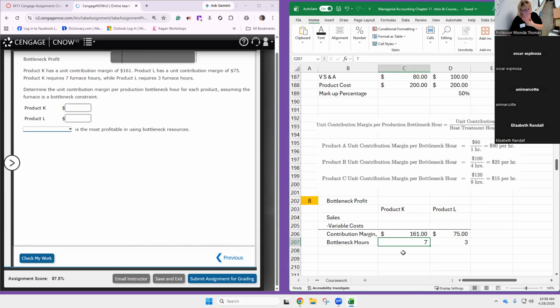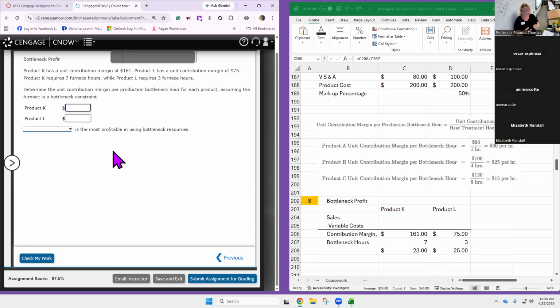And then this is going to determine the unit contribution margin per production bottleneck hour. So let's do the math. 161 divided by 7 gives us 23. We're going to use that same formula. So contribution margin divided by 3. Let's put those numbers in.